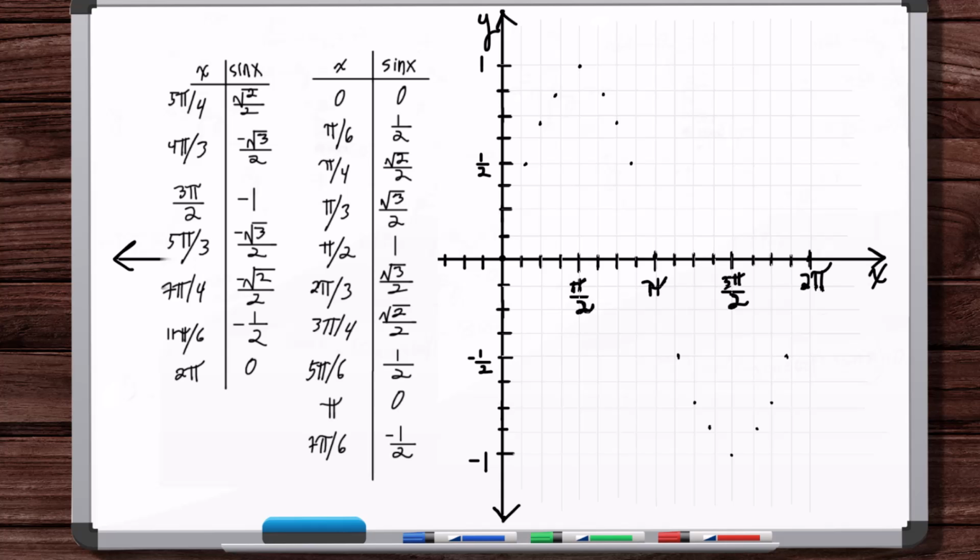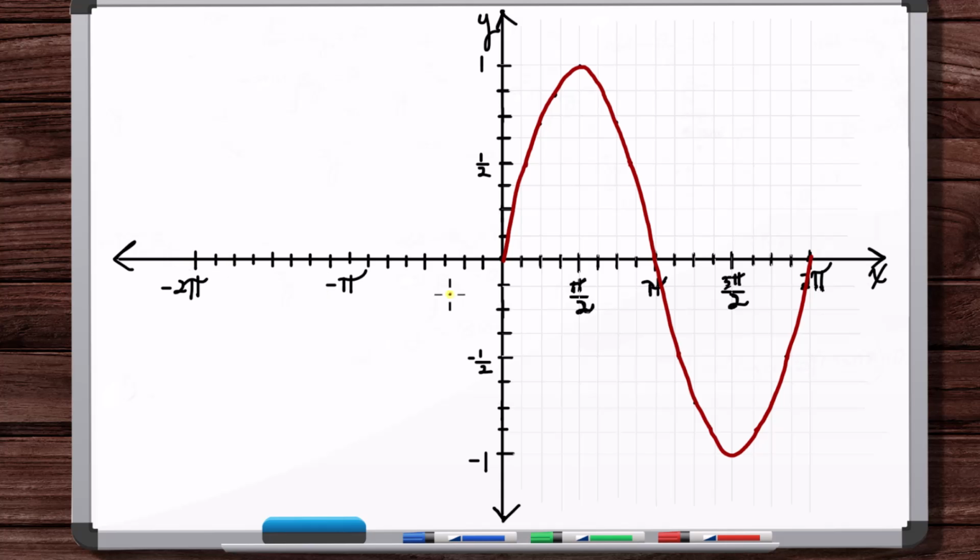Now let's just connect the dots with as smooth a curve as we can draw. Okay, there we go. Now, to fill out the minus 2 pi to 0 region, we can literally just copy and paste this curve into this region.